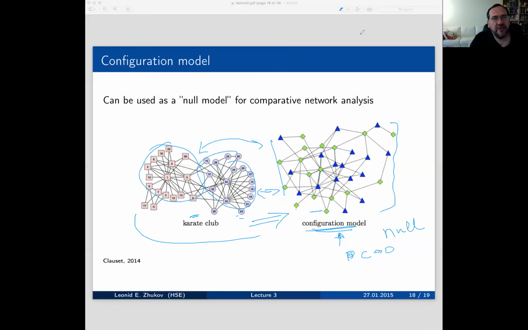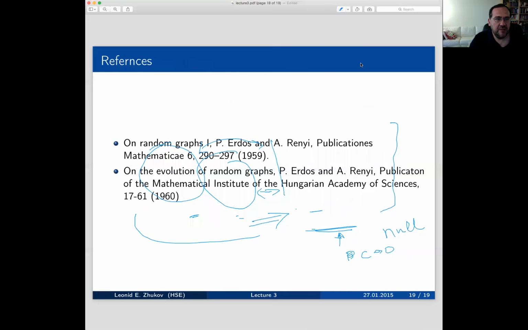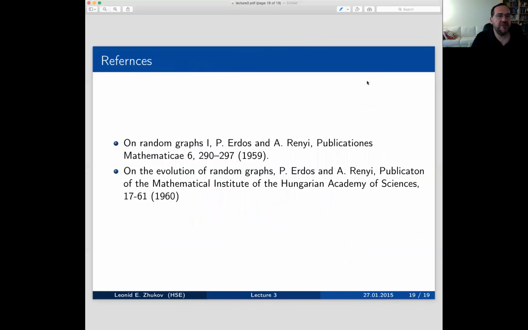So that's pretty much it. That was an introduction to random graphs. There are two famous papers by Erdos-Renyi, both available on our website. If you're interested in this kind of stuff, go read them. They're not that difficult, at least parts of them.